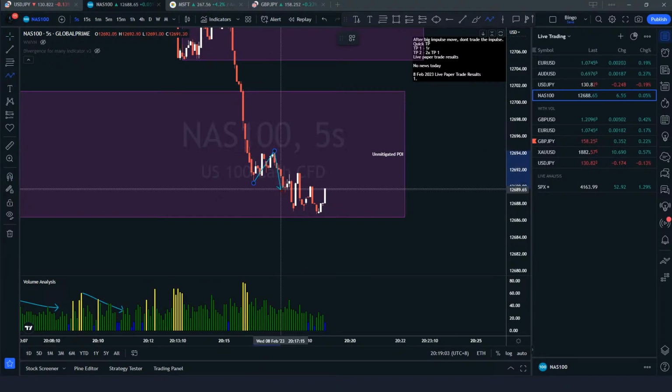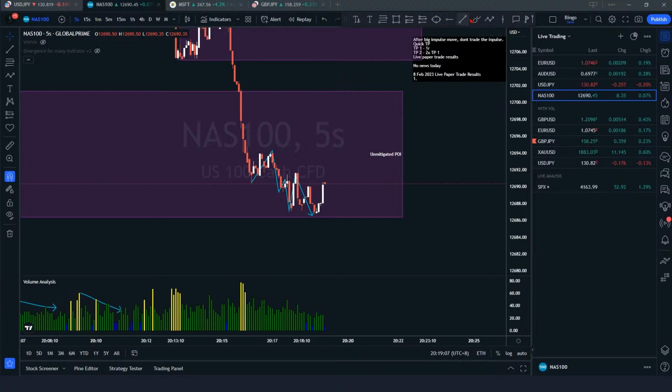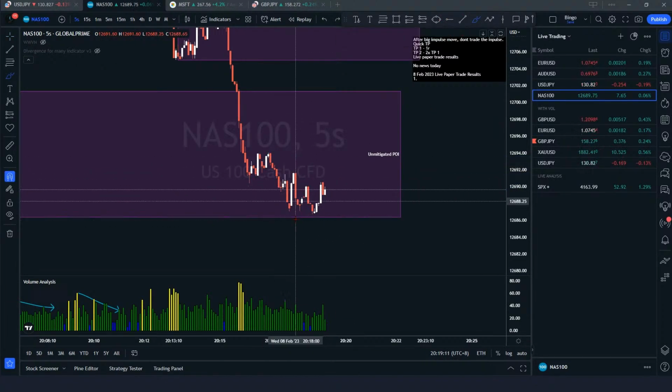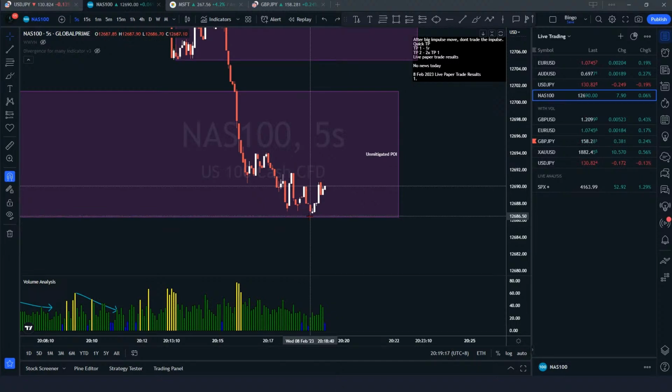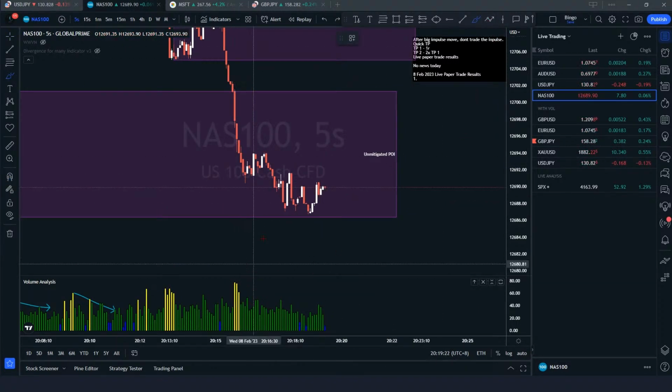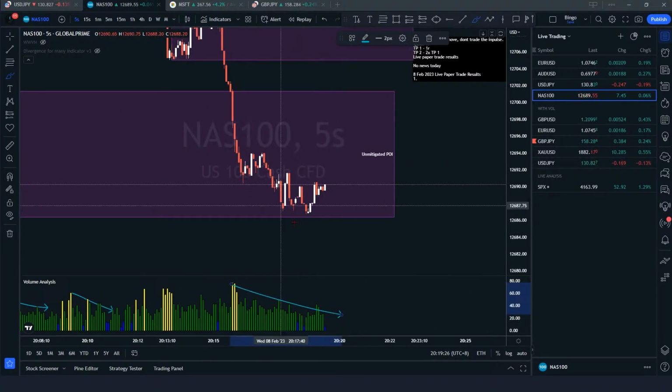Okay, we have a first change in character over here, right? So this is the turning climax to the automatic rally. We have a secondary test over here, and what is interesting to see, we have decreasing volume on the down move.